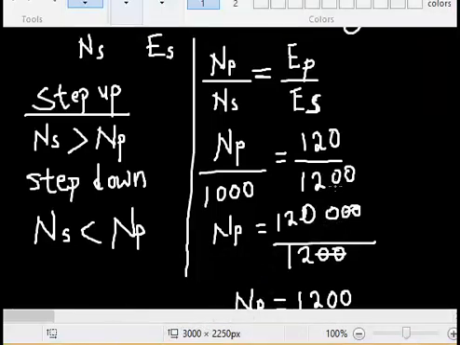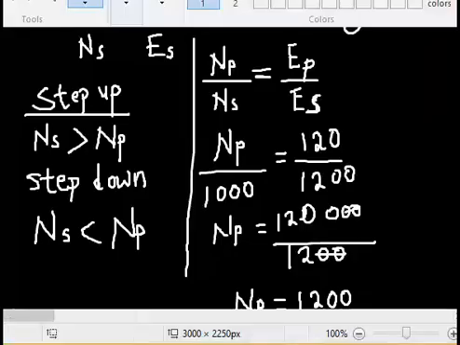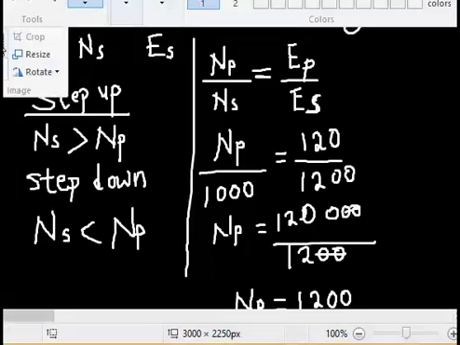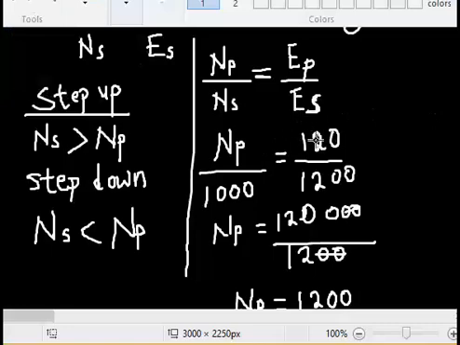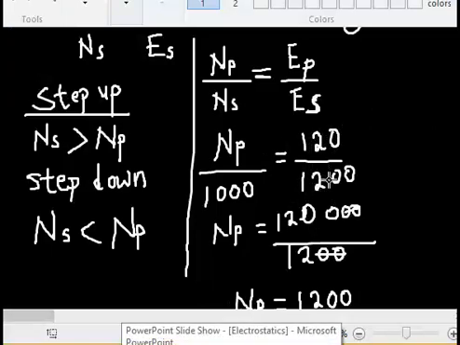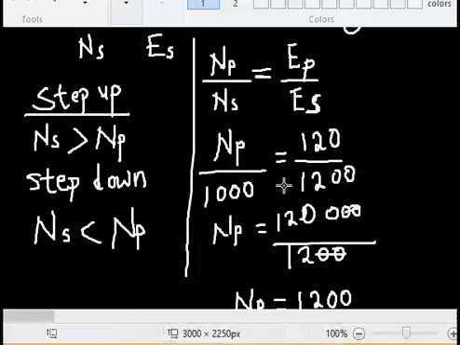All right, so I'm the one that made the mistake. Primary is 120, then secondary is 1200. All right, so I'm having this.